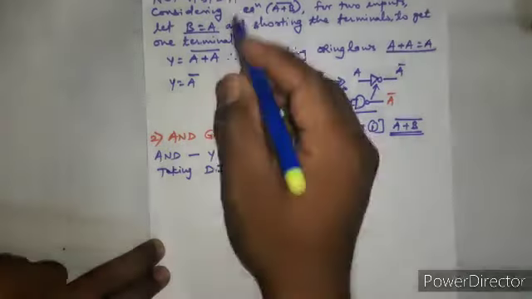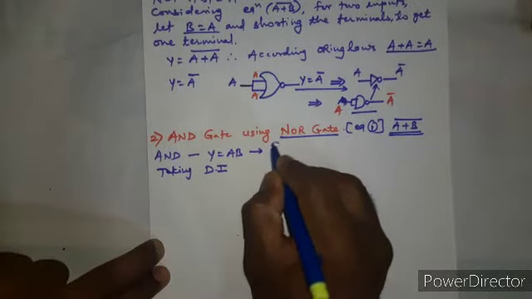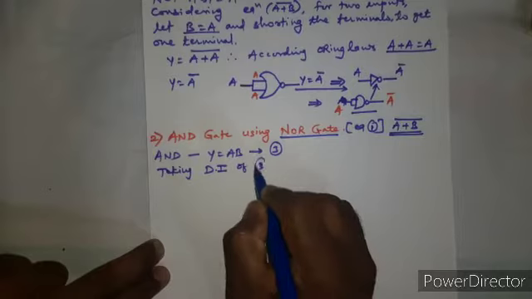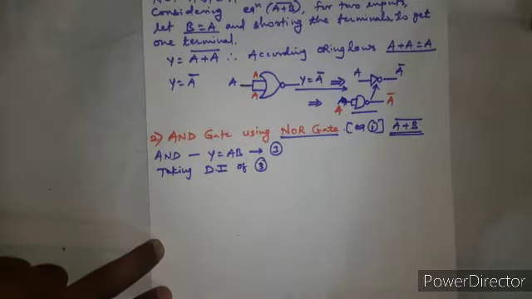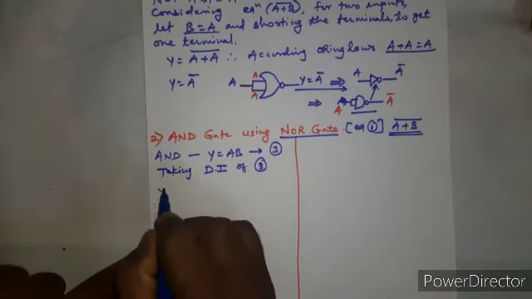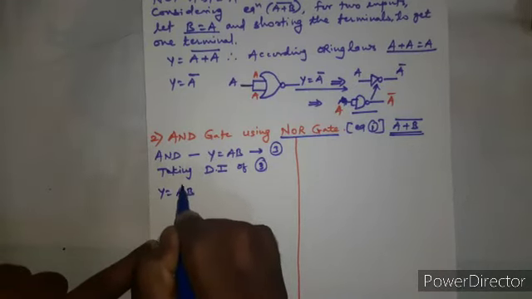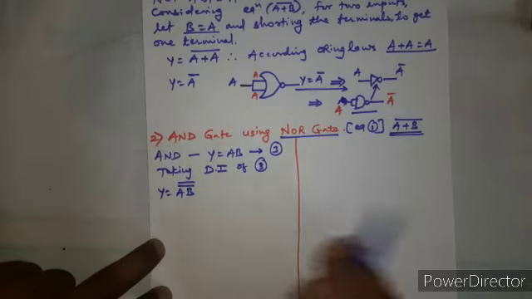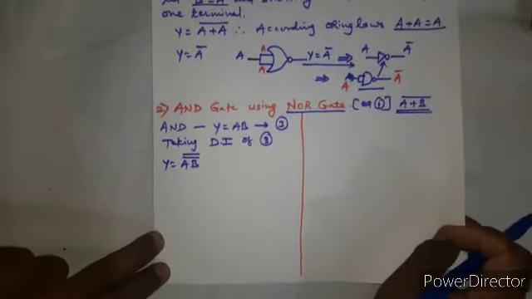We'll consider this as equation 3. Taking double inversion of equation 3, we have Y equal to (A B) double bar, which is equal to A dot B, the AND gate.